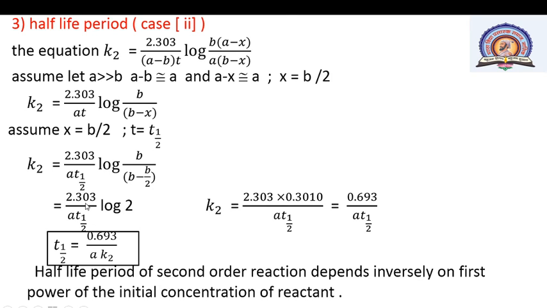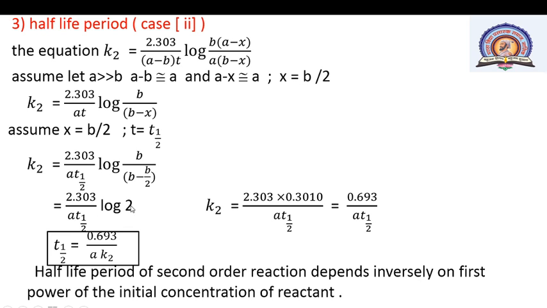Then simplify this equation. The equation becomes 2.303 divided by a into t half, then the remaining log is log 2.